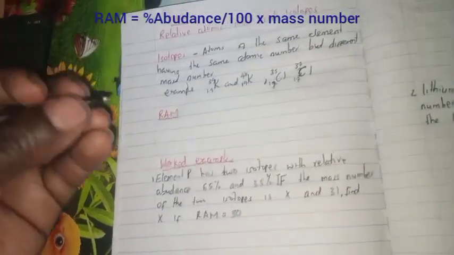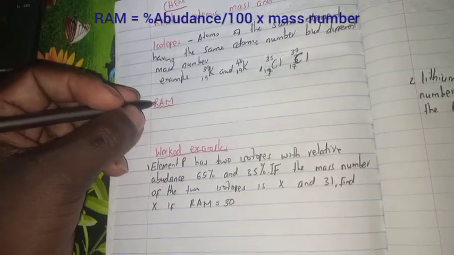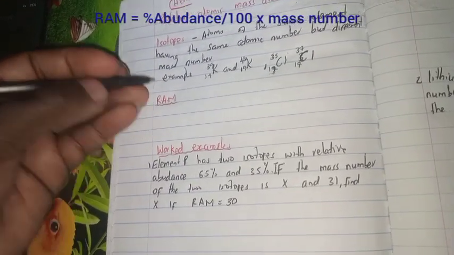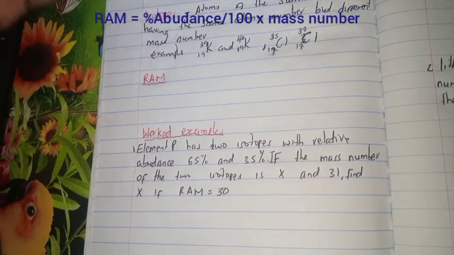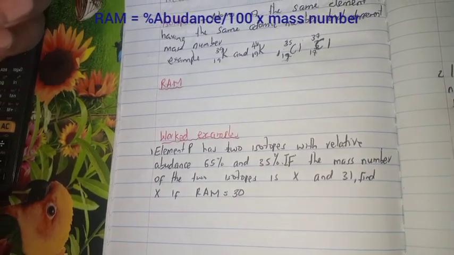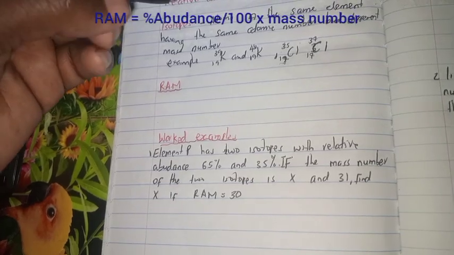Now with that, we dive into relative atomic masses. With the mass numbers, there are those that exist more than the others. We call it relative abundances.